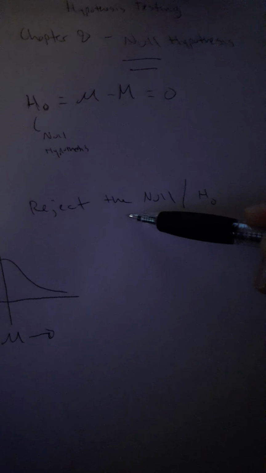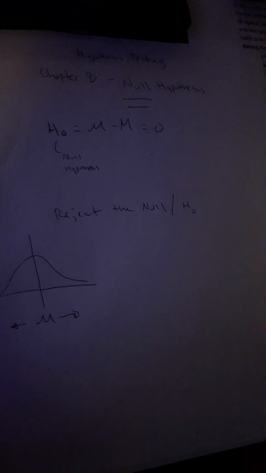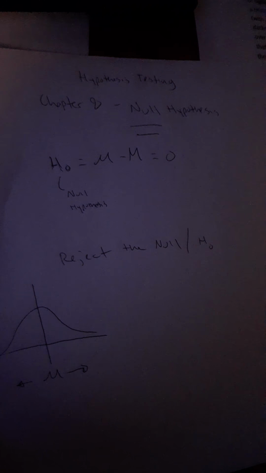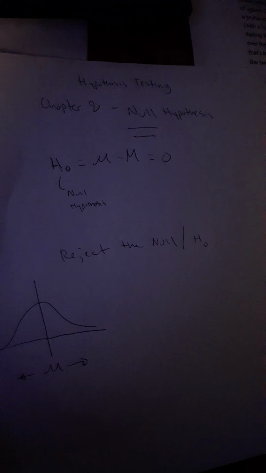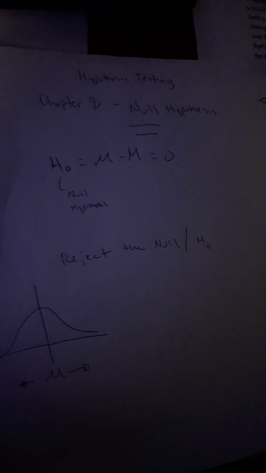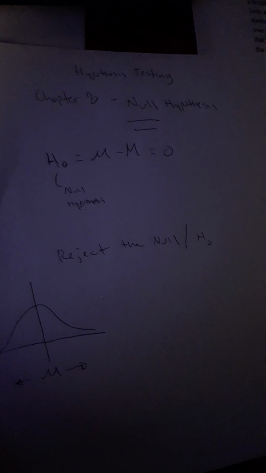So, as experimenters, we are actually hoping to reject the null hypothesis. It may sound a little bit backwards, but basically, the baseline of hypothesis testing, or what allows us to conduct true experiments compared to the other forms of study and research that we've talked about, is that we are now introducing a manipulation.